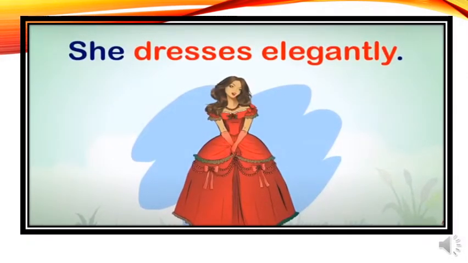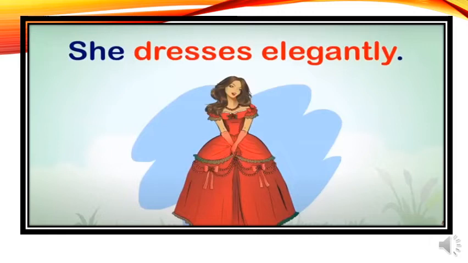Read the sentence with me. She dresses elegantly. Here, we have changed the adjective elegant into an adverb by adding ly at the end of the adjective. So you see, we have changed the adjective elegant to an adverb elegantly.